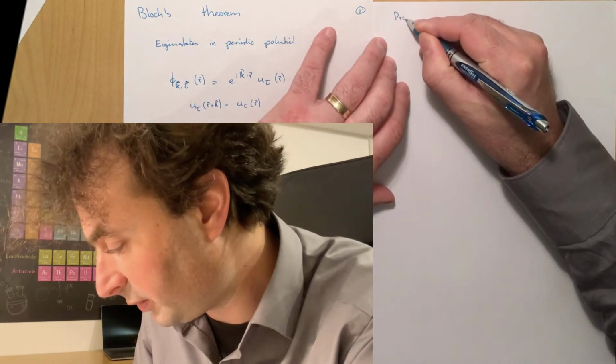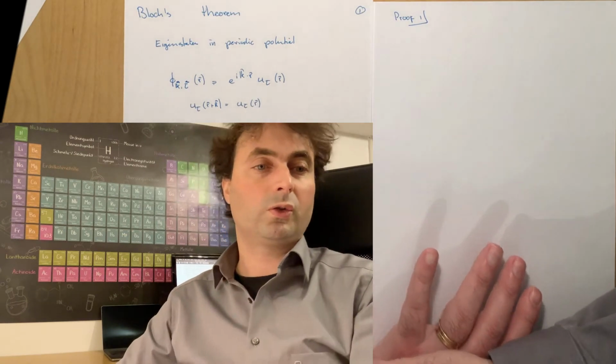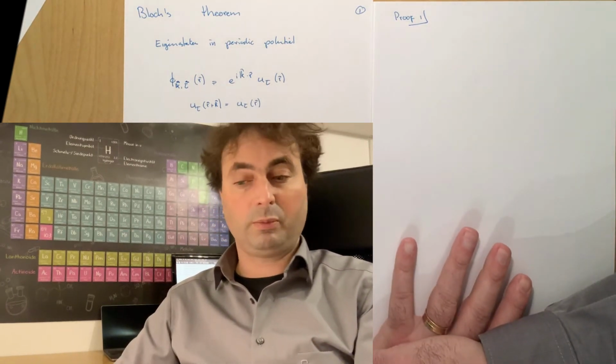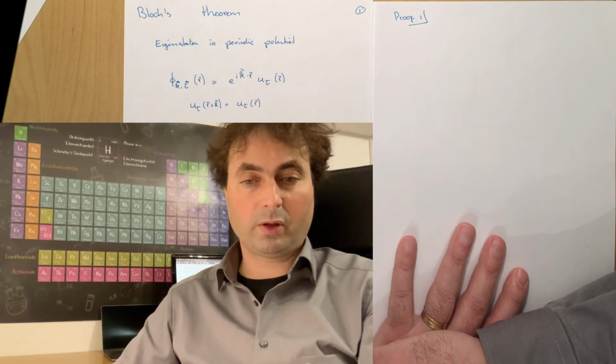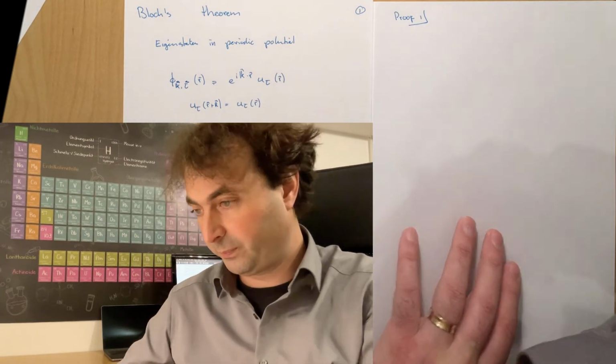So let's start with proof number one. And we go through two proofs because they basically show you the ideas behind Bloch's theorem, and Bloch's theorem is so general and important that it's good to grasp this in detail.